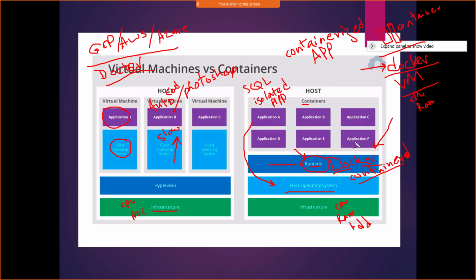So all you're doing is putting the container files from one platform on to another platform which also has Docker software. As long as anyone has Docker software, you can just keep on moving those container files, and it's going to run. So that's why it's such a big deal.